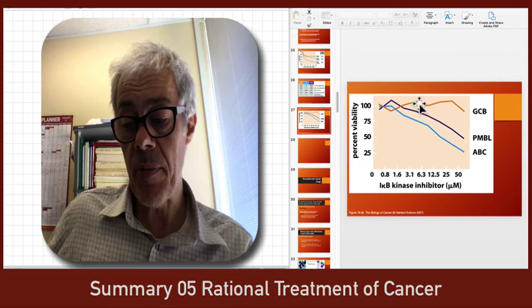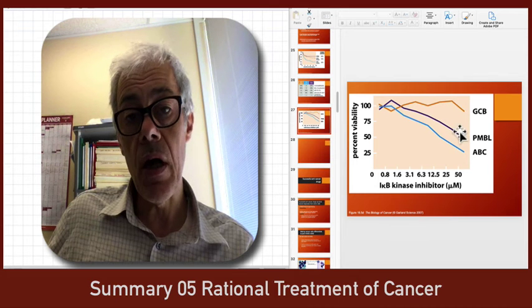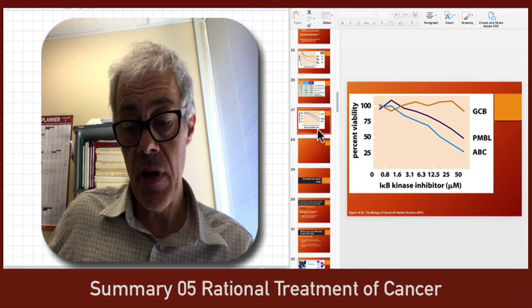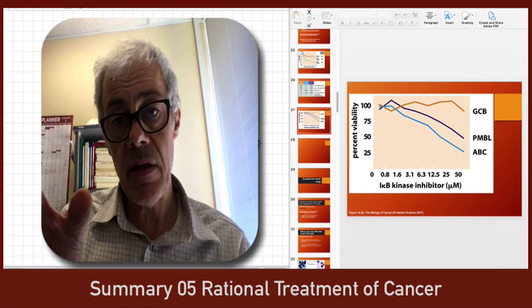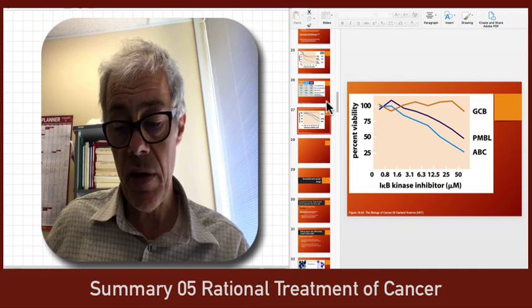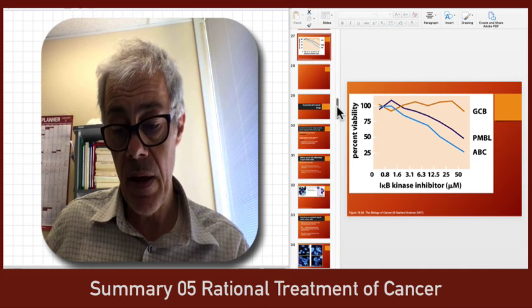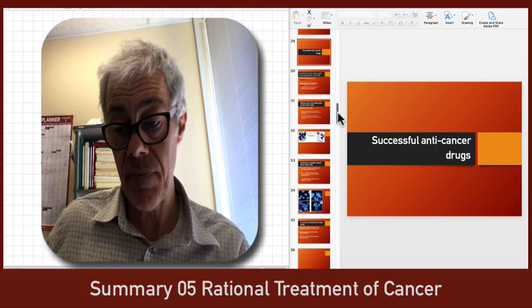They were able to get a very high response from one subtype to the drug with lower responses from the other subtypes. So if you can do that with actual patients in the clinic, and you can subtype what they've got, then there's a much better chance you can treat them with a drug that's going to be effective and spare them having to be treated with a drug that's ineffective.